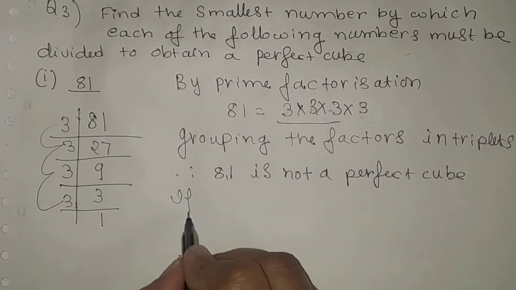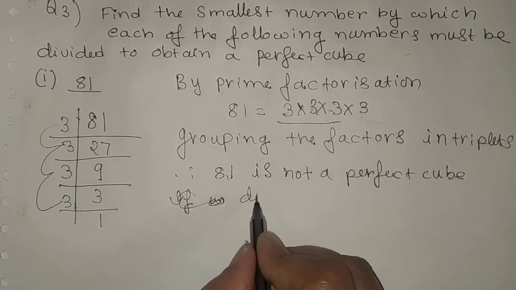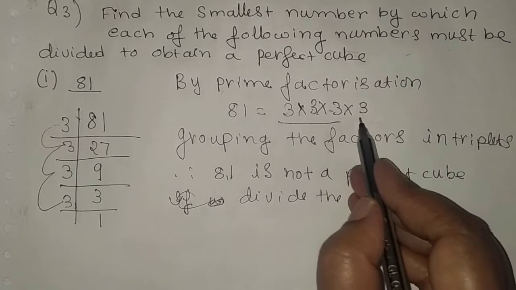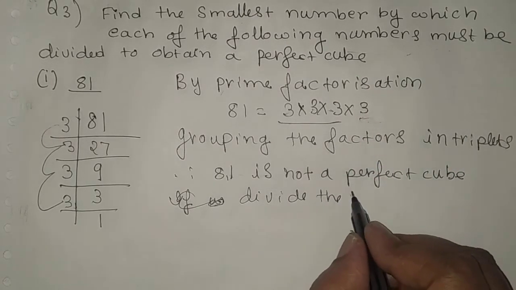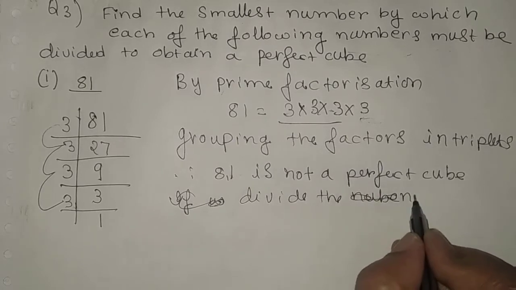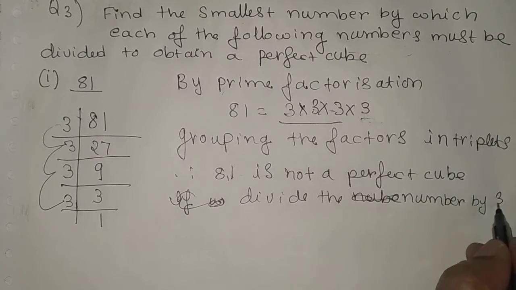So we write the solution. If we divide, I will directly write: since 3 is remaining here, divide the number by 3.